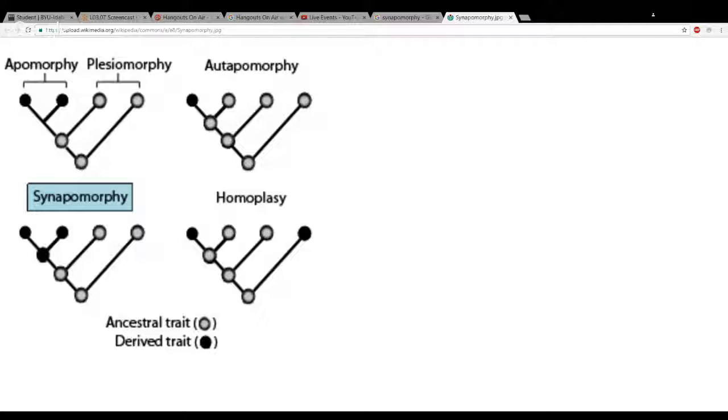And it's important to note, as Riley said, that there are two or more. So that's how we can get groupings and branching in our trees, which is why they're super important for us to draw those trees and see where common ancestors are and where the current species derive that trait from.